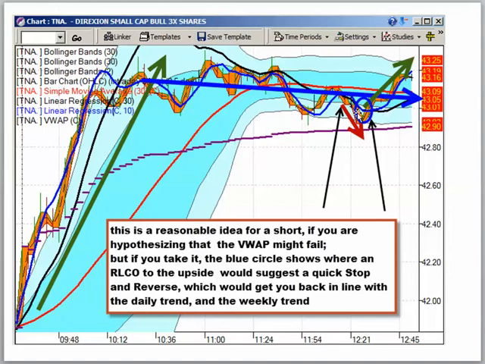So the question was in our chat room, why not take this short here in the blue circle? To which I say that's an absolutely reasonable idea for this short. But your hypothesis is that the VWAP is going to fail, and if it does, you would reasonably say it could go back and test the open down here at 42.20, and so that's not a bad posture to be in.